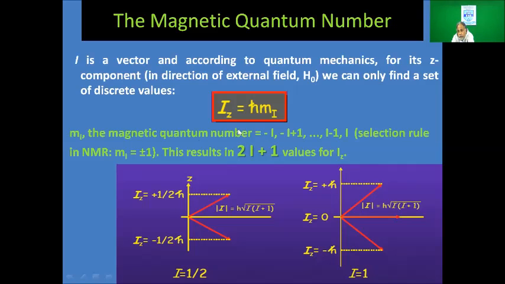Similarly here we get 2I plus 1. So for a spin-half nucleus like 1H, there are two types of splitting, minus half and plus half. In the case of deuterium, where I equals 1, 2 into I plus 1 means 2 into 1 plus 1, equal to 3.